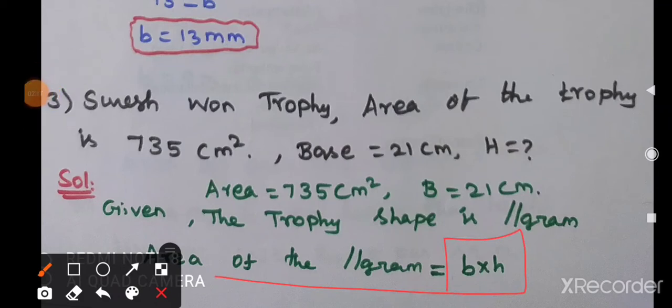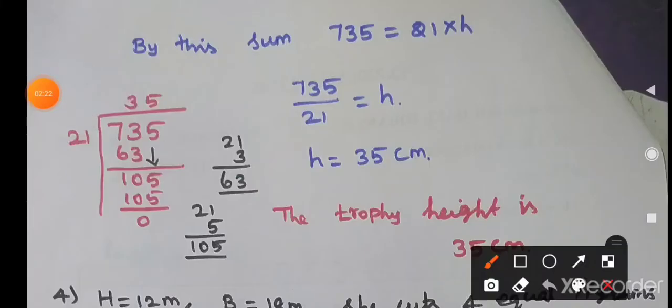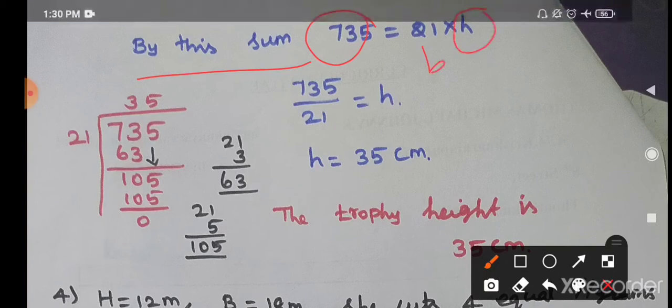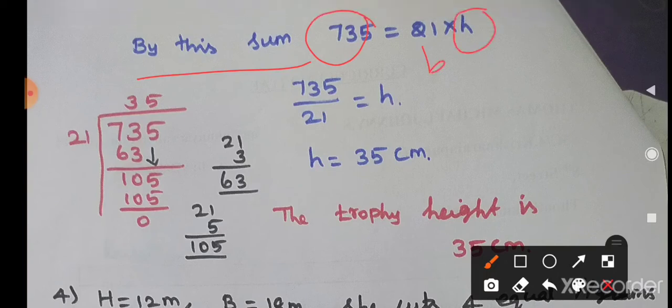Now we have to find out the H. By the sum, area is 735, breadth is 21, and height is unknown, so we put height H. So 735 is equal to 21 into H. This 21 coming to the left hand side means 735 by 21. Here multiplication means it's going to division.